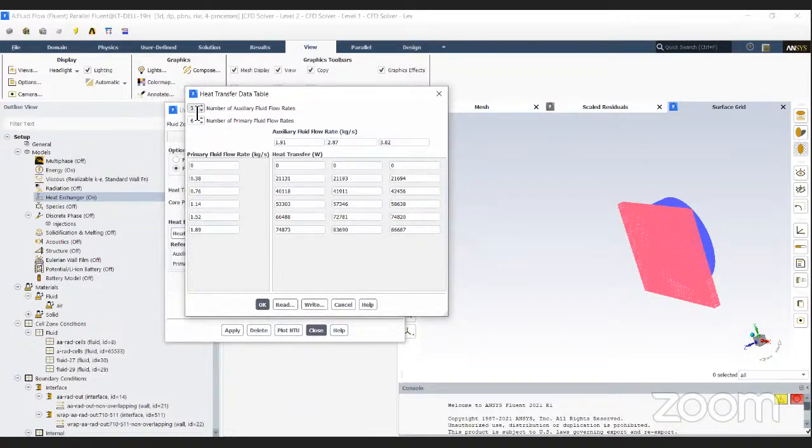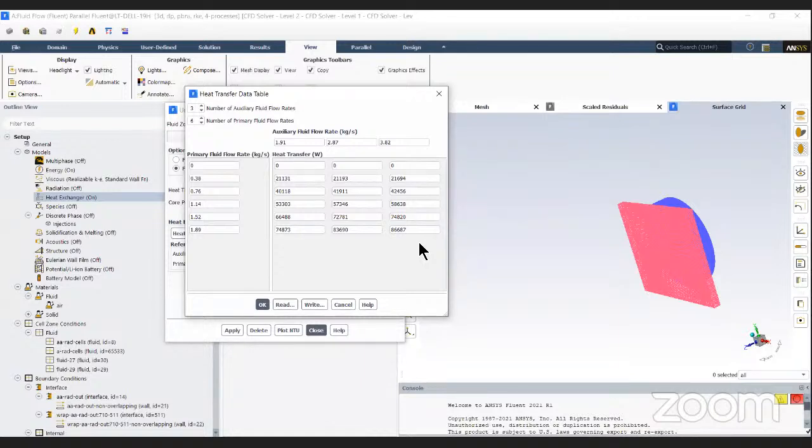So you will tell Fluent how many auxiliary fluid flow rates you have and how many primary fluid flow rates you have, and accordingly it will build this table. Now, when you do this, Fluent is able to calculate the number of transfer units for the heat exchanger, and make sure that the heat rejection rate is accurate if you compare it with a hand calculation of the same heat exchanger. So Fluent is going to do all that for you in the background.